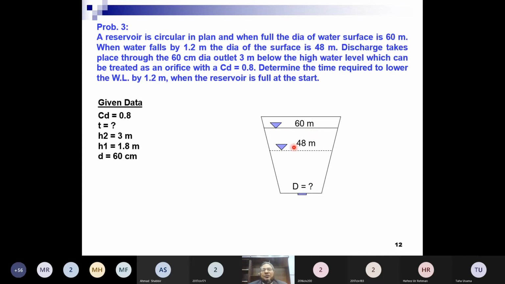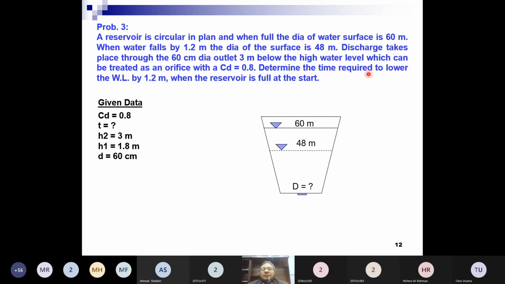So if this is 1.2 meter, then how much is this distance? 1.8, sir. 1.8 meter. So it means H2 is 3 meter and H1 is 1.8 meter. Which can be treated as orifice. So this can be treated as orifice with a CD value of 0.8.